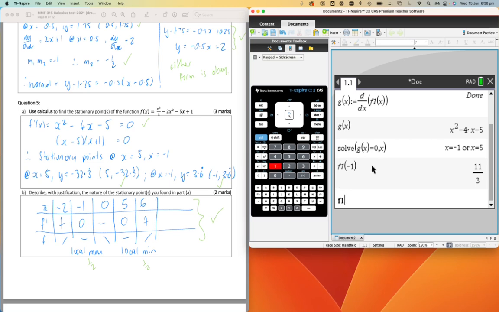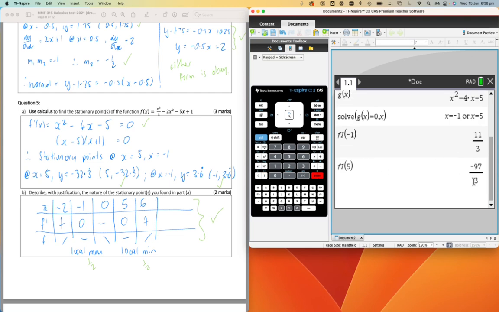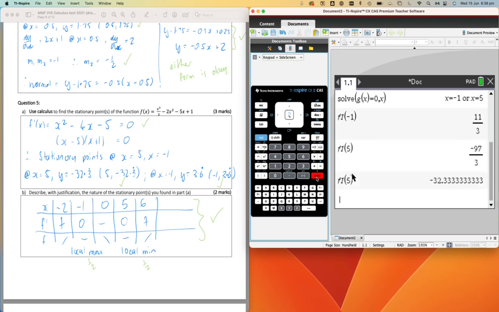I can also go f1 of 5, and I've got -97/3, which is -32.3 recurring. That's that answer there. So once you've got the functions set up, being able to use them over and over again, that's when you can save a lot of time.